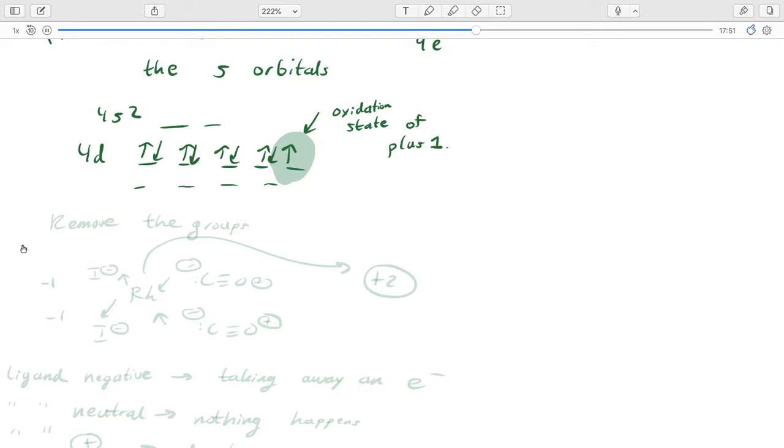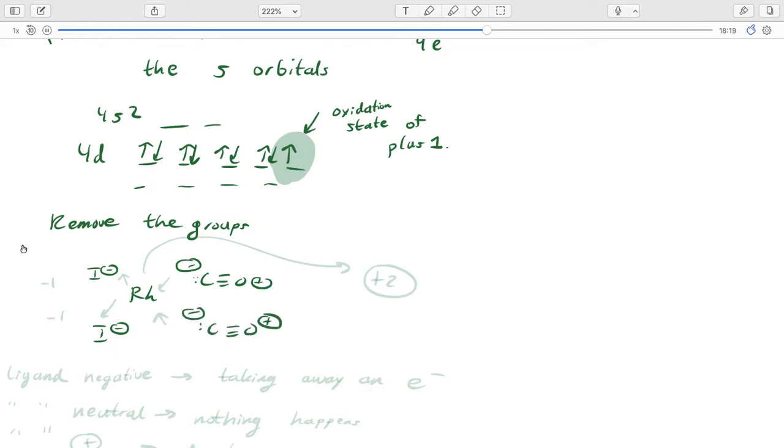Another way we could do the oxidation number is to take off groups. So remove the groups. If we take that rhodium example, we could take off rhodium, we can make it iodide minus, C minus, O plus, C minus, O plus.